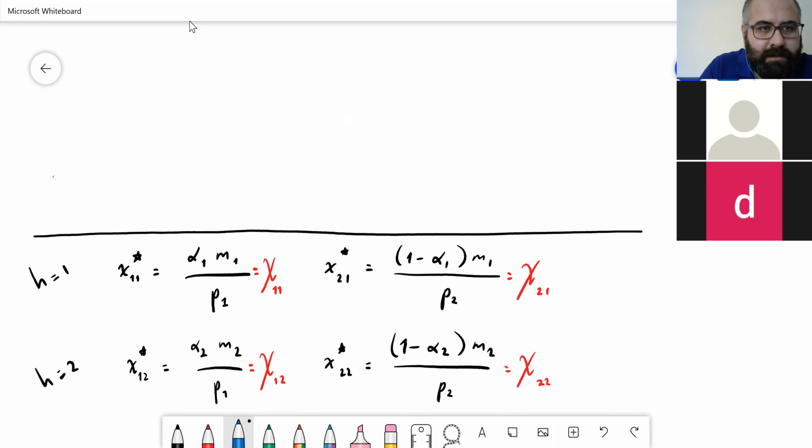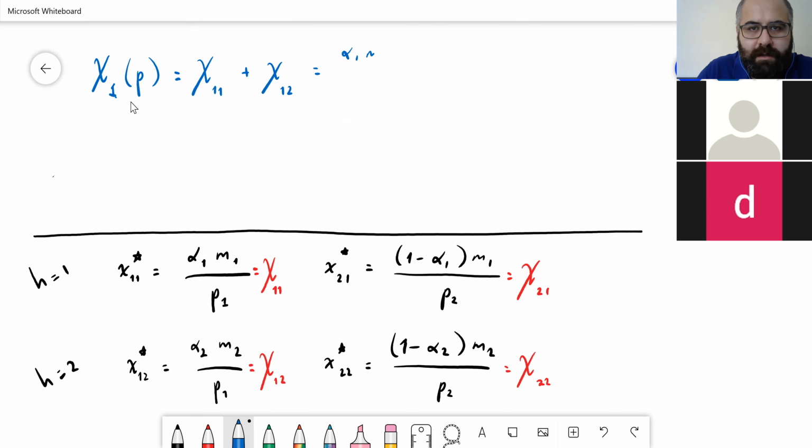Okay, so it is chi 1 of p, let's say, right? So it will be chi 11 plus chi 12, right? So I have alpha 1 M1 over P1 plus alpha 2 M2 over P1.